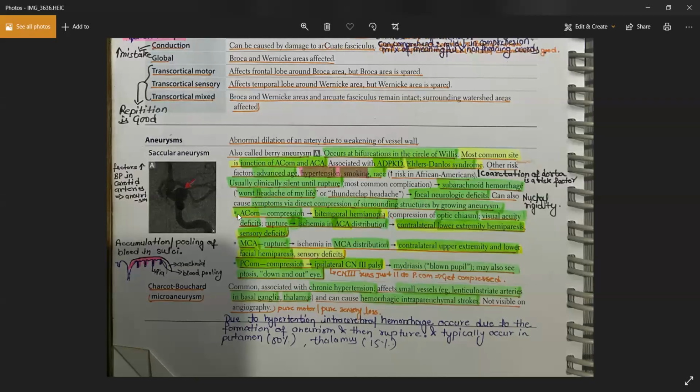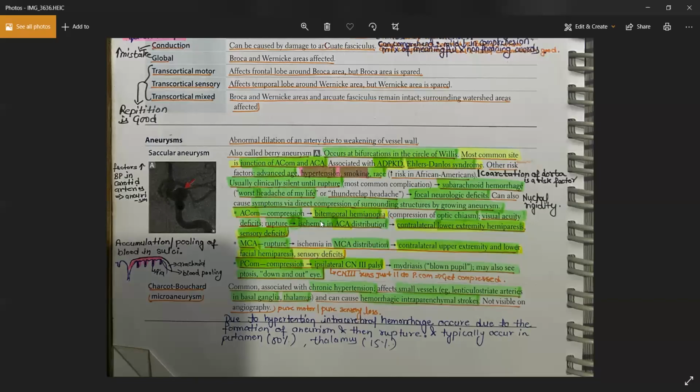If the aneurysm is in the anterior communicating artery, because it is in the central location, the patient can get contralateral lower extremity hemiparesis, sensory deficits in the lower limbs, and incontinence also. If the aneurysm is in the middle cerebral artery, the patient can get contralateral upper extremity and lower facial hemiparesis, and sensory losses also. If in the posterior communicating artery, the patient can get an ipsilateral cranial nerve 3 palsy. So depending upon the location of the aneurysm, the patient can get symptoms.